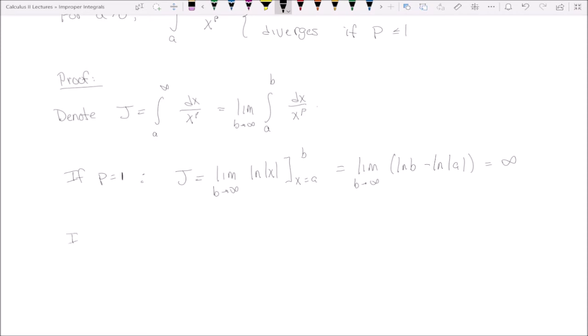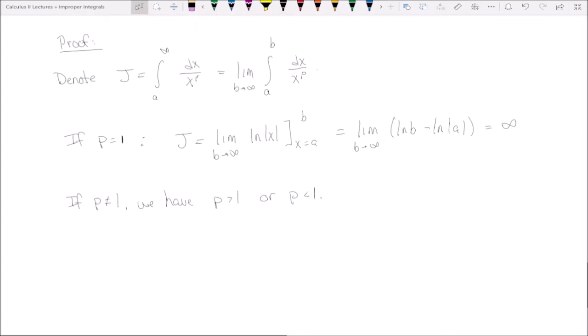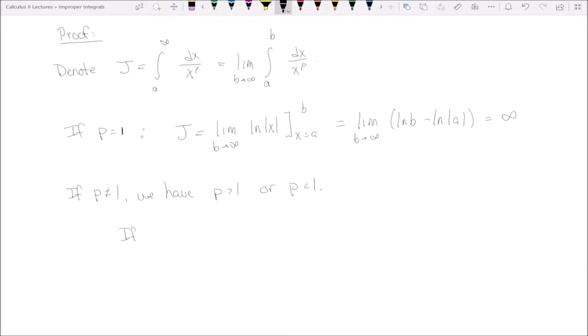Now, if p is not equal to 1, we have two cases. First, let's look at if p is greater than 1.